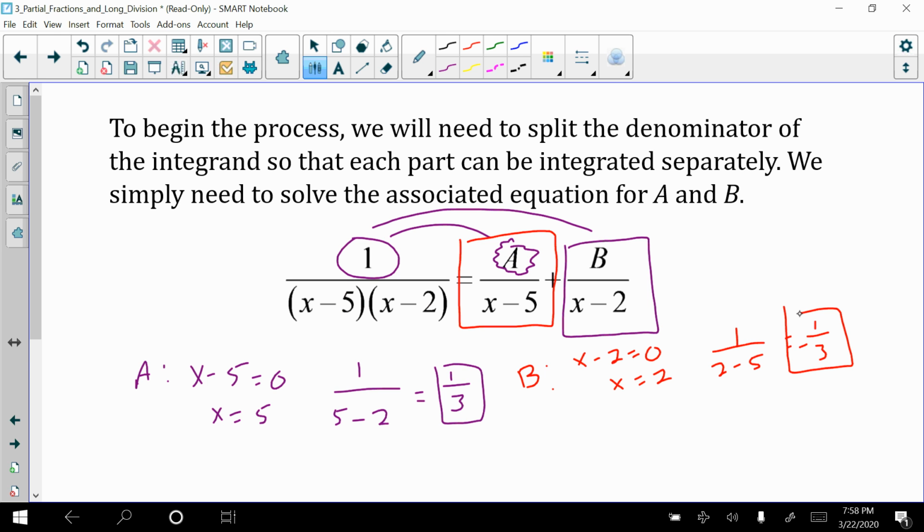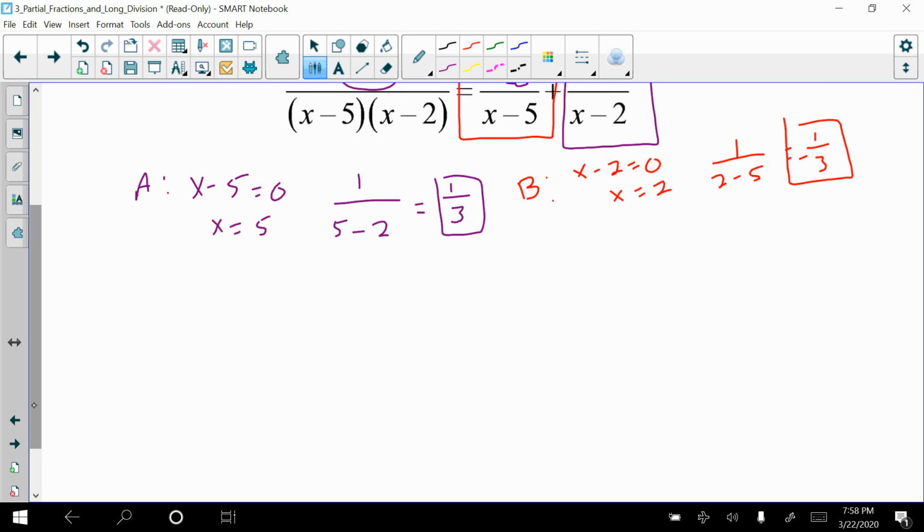So here, if we were going to do this as an actual integration, I would say the integration of, let's do A, because that's obviously what was written first, we would have 1/3 over x minus 5 dx, plus the integration of the B component, which in this case would be negative 1/3 over its denominator of x minus 2 dx.